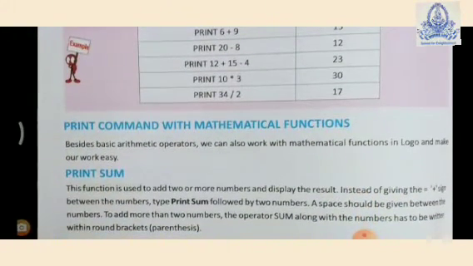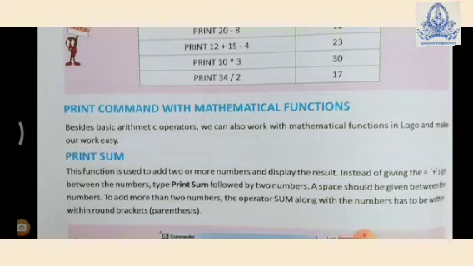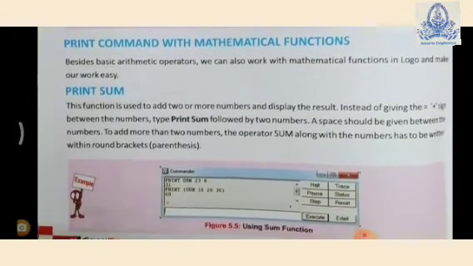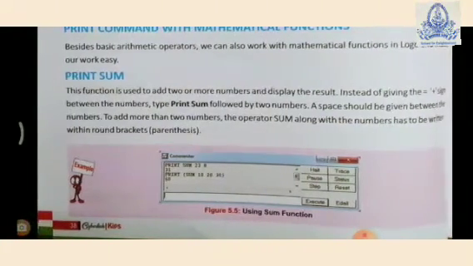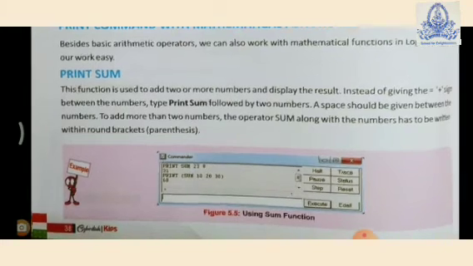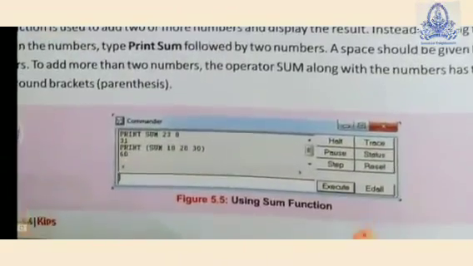Print command with mathematical functions. Mathematical functions also, that is print sum. What is the sum? You see, this function is used to add two or more numbers and displays the result. Instead of giving the plus sign between the numbers, type print sum followed by the numbers. Okay, very simple. Let us go for one example.